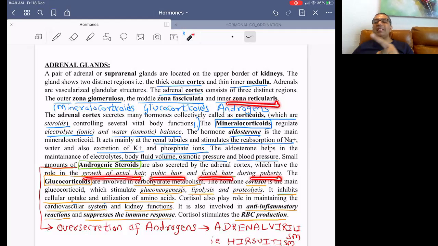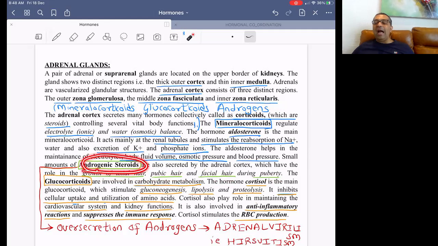And both in males and females, pubic hair and axial hair in the armpit called as axial hair, and hair around the penis region called as pubic hair are grown with the help of androgenic steroids.